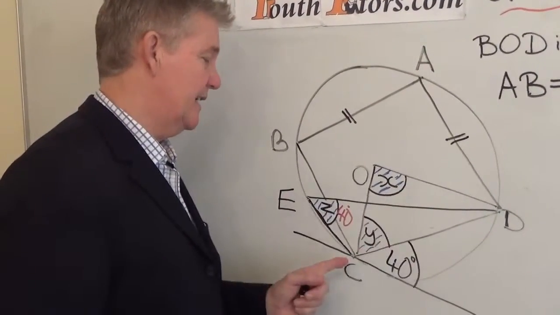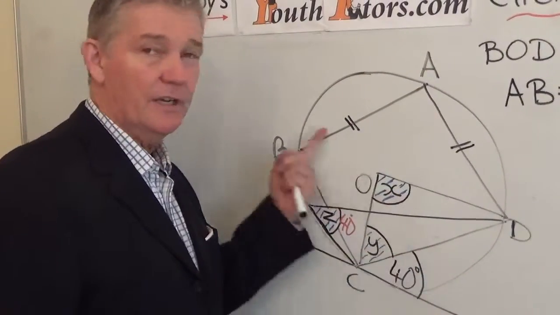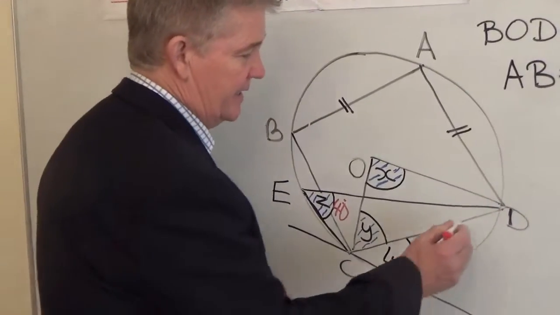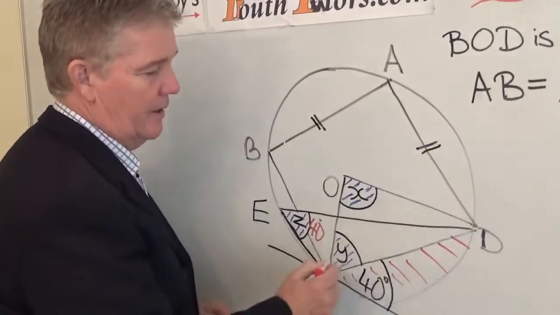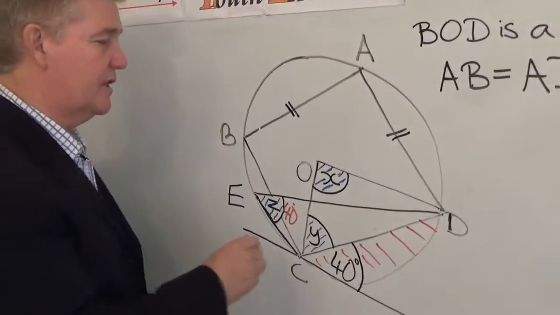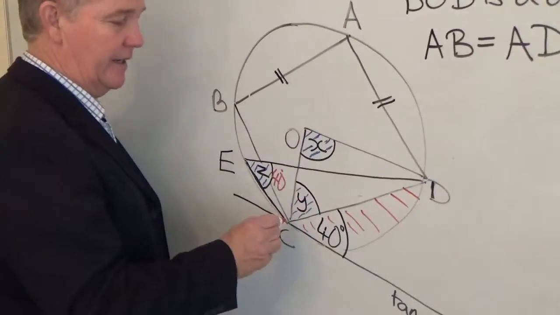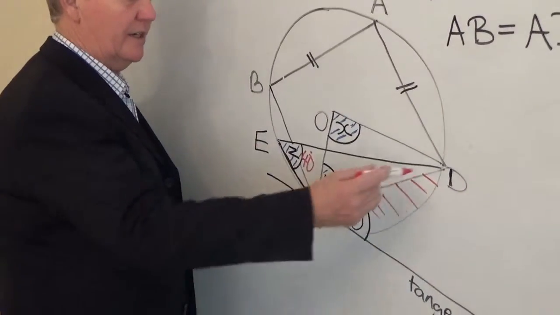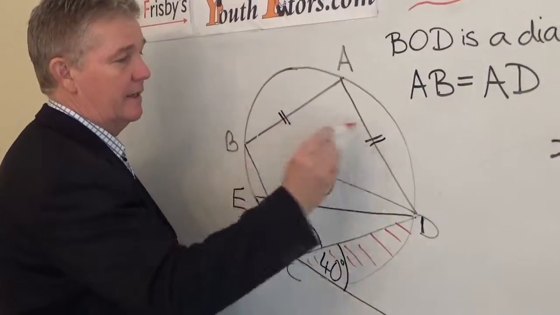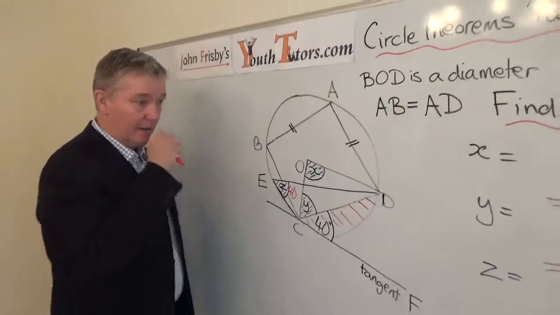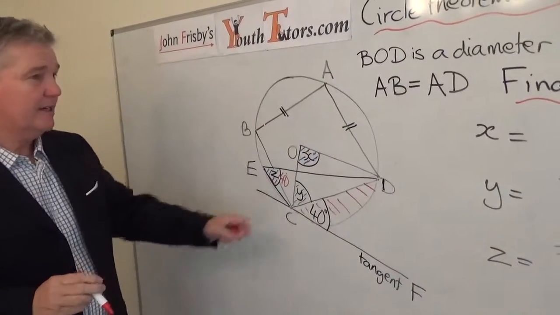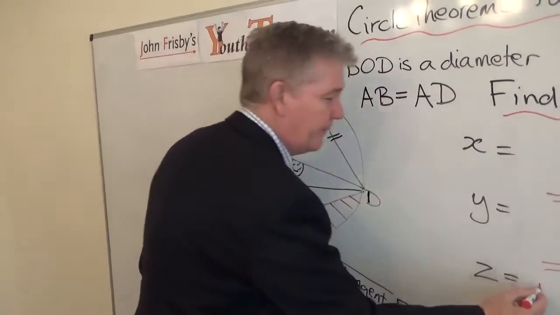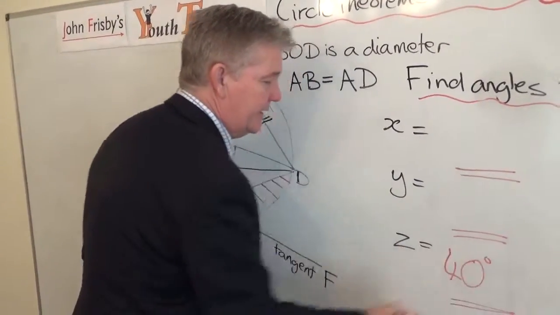In this case, it's in the alternate segment, this is the first segment of the circle. The alternate segment is the other side of the circle on the other side of CD. So all of this would be the alternate segment. So we know that Z is going to be 40 degrees.